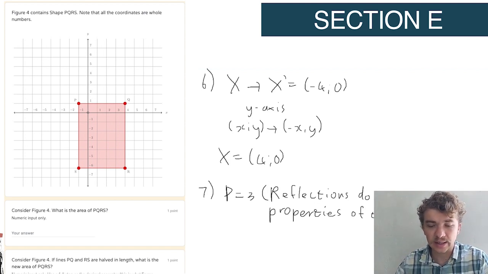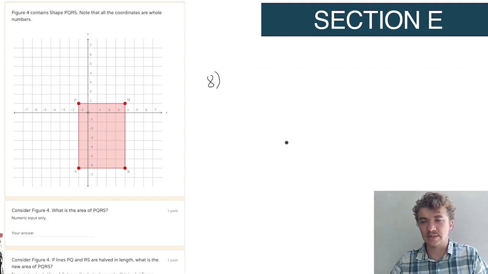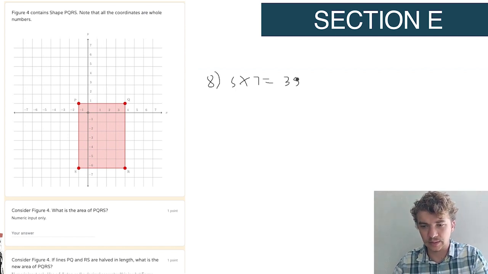Now, since it's a rectangle, it's just length times breadth. So that would be 5 blocks, or 5 units, times 7 blocks, or 7 units. And that is equal to 35 units squared.